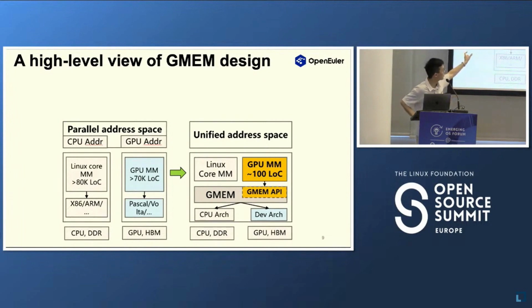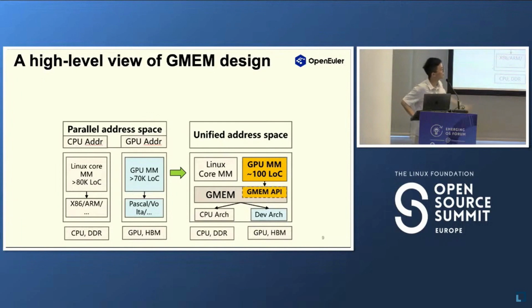The GPU address is not the same as the CPU address, so you cannot use them on different accelerators or different processors. Underneath the CPU address, you have the Linux core MM, which is basically 80,000 lines of code, as well as the GPU address space, underneath which are over 70,000 lines of code from your GPU driver. And these 2 memory subsystems are independent, so they don't really coordinate.